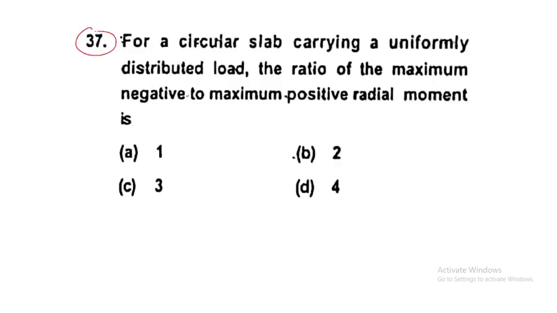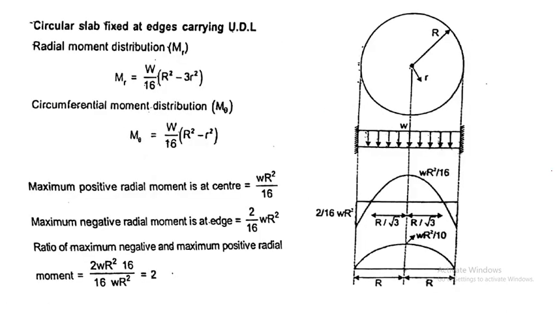Next question. For a circular slab carrying a uniformly distributed load, what is the ratio of maximum negative to maximum positive radial moment? First of all, understand how to calculate radial moment. This is a circular slab.